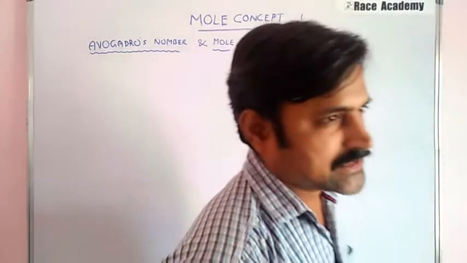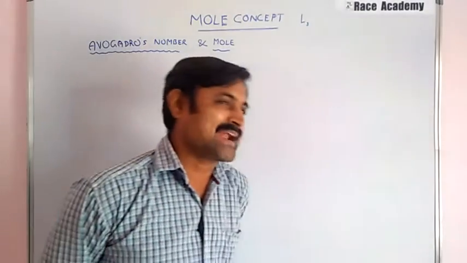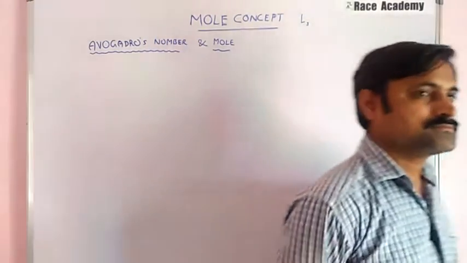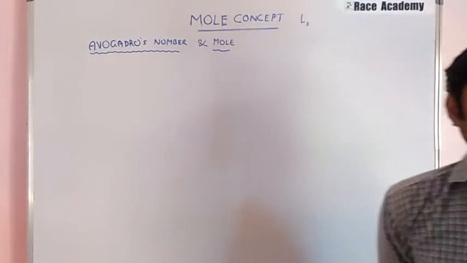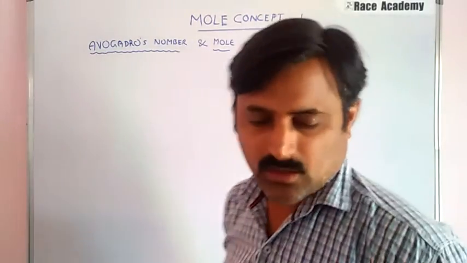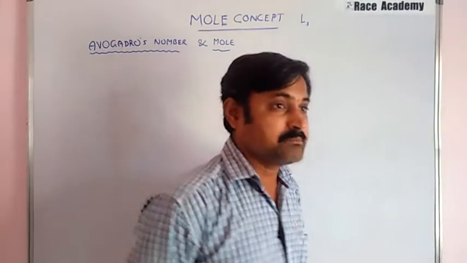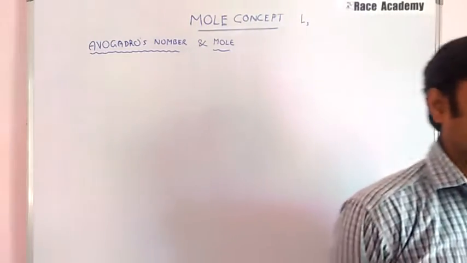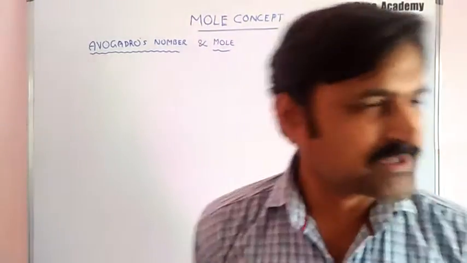Most of you know that in chemistry we have to deal with atoms and molecules. Actually, they are really very small. Even a drop of water will contain millions and billions or trillions of atoms. In fact, the number is much higher.